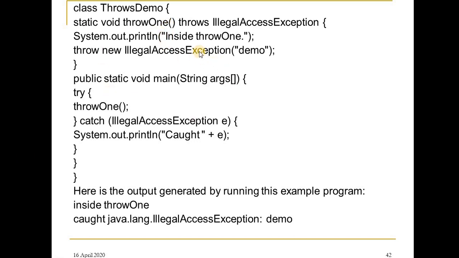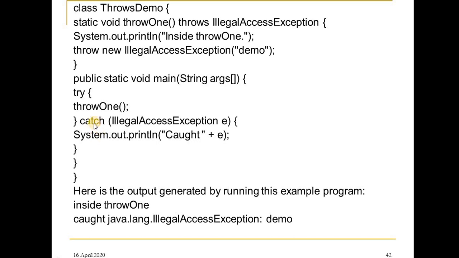Inside throw1 you generate an exception object of type IllegalAccessException and throw it, but you are not handling it inside throw1. That is why you have to specify throws IllegalAccessException, telling the caller that throw1 will throw it and it must be handled by the caller method only.